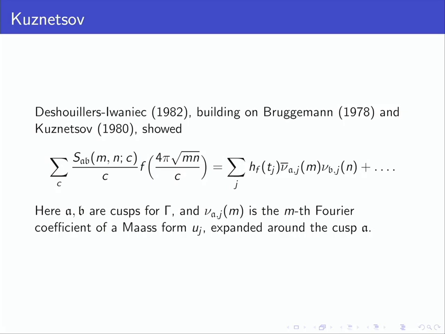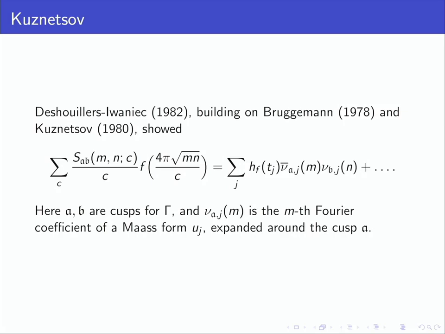I've got this S_AB, which I don't really want to define, because if you haven't seen it, it's just sort of scary, and if you have seen it, then you know what I'm talking about. It's some sort of generalization. Needless to say, if the level is 1, then this S_AB is the usual Kloosterman sum.